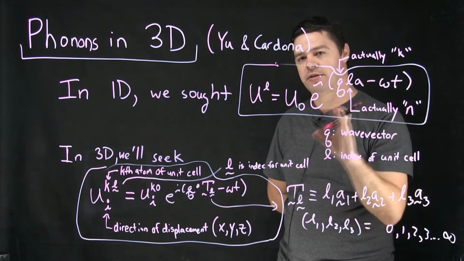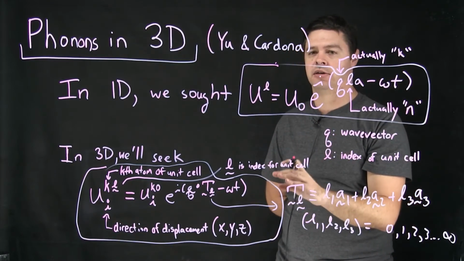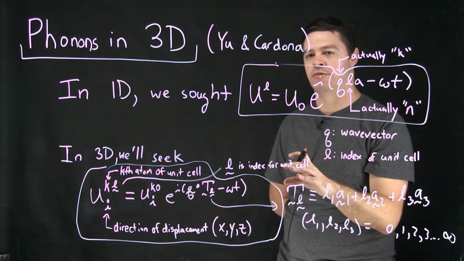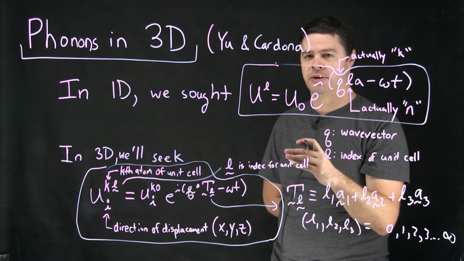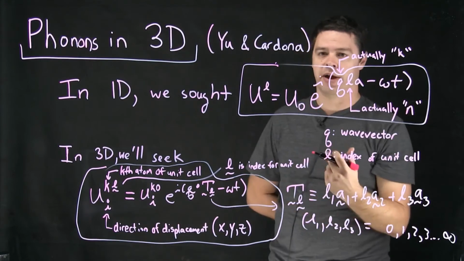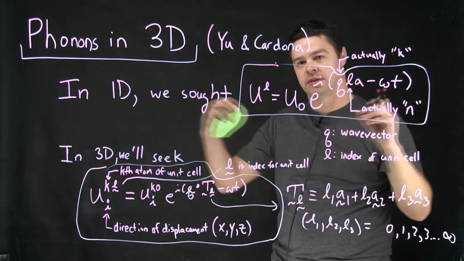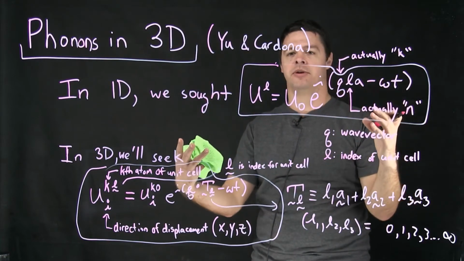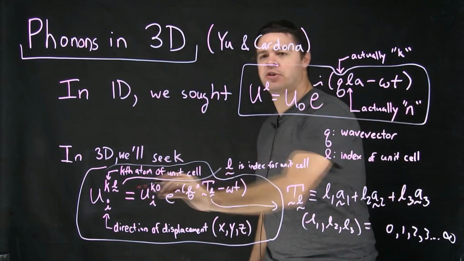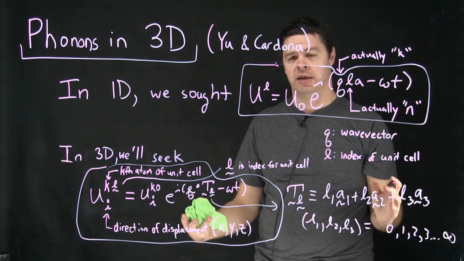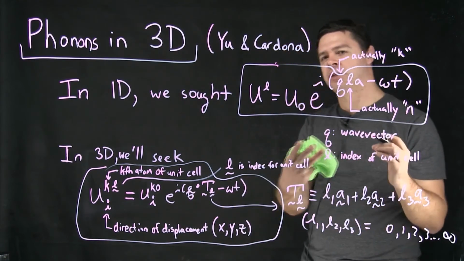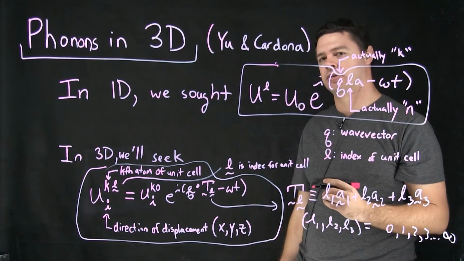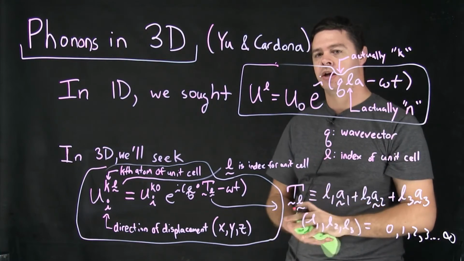So everything is completely analogous. It's just that there's a lot more notation to keep track of because you're doing things in 3 dimensions. So you've got 3 directions, but then also the unit cell indexing has to be done in 3 directions, and you can have more than one atom per unit cell. So keeping track of these indices is a lot more of a pain. But in principle, the basic idea for how you seek wave-like solutions is exactly the same.